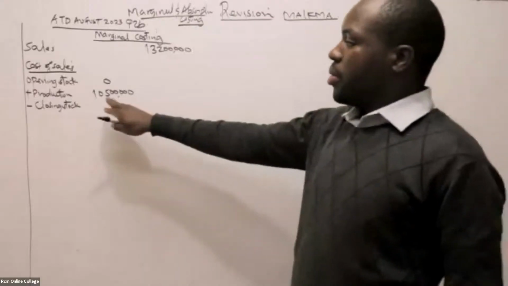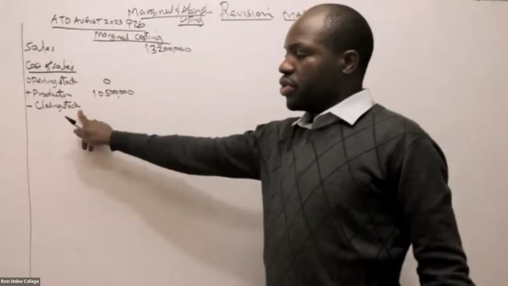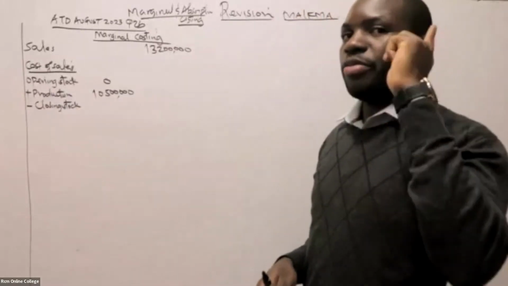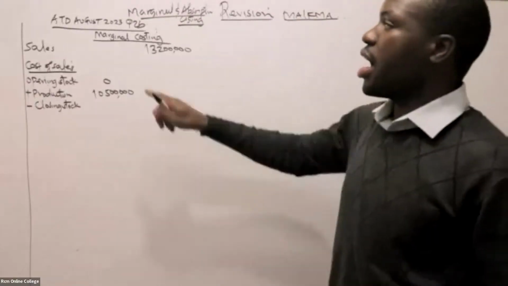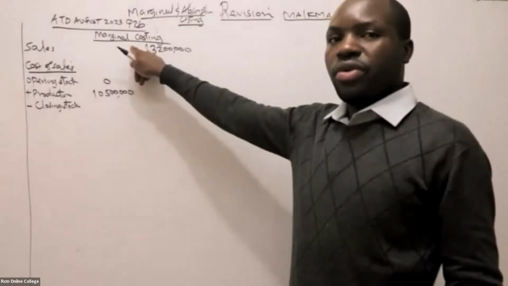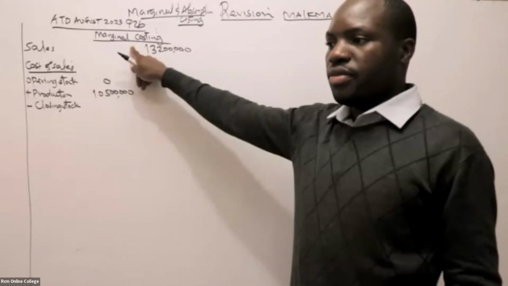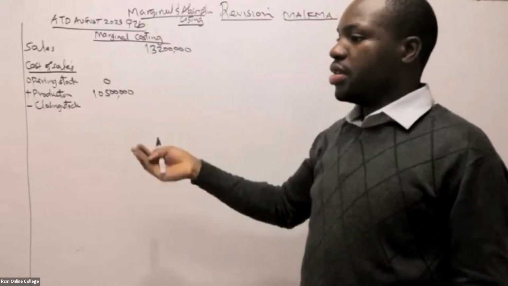So here, the production is 10,500. Now, this closing stock we have 6,000, and it has to be valued at the production cost per unit. What was our production cost per unit under marginal costing? It was 350.